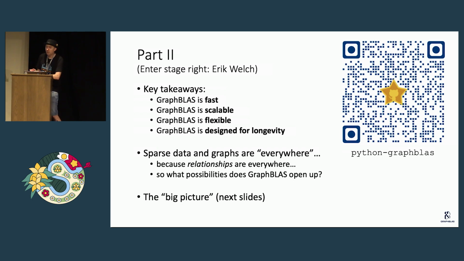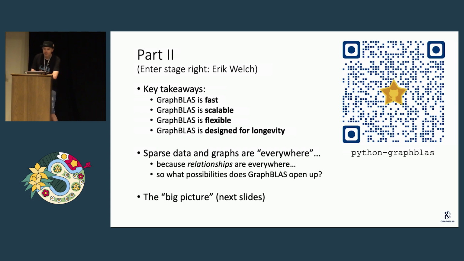That's almost enough to show IPv4 internet domains. So it's used everywhere, but it's kind of a niche application where it's used. But because GraphBLAS is fast, it does open up a bunch of opportunities.